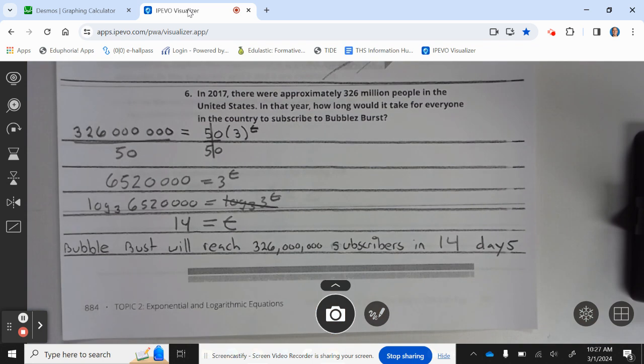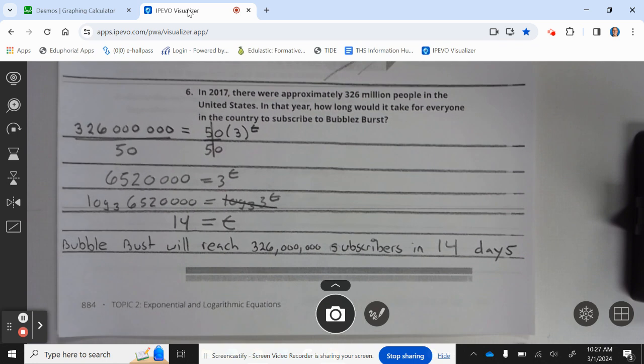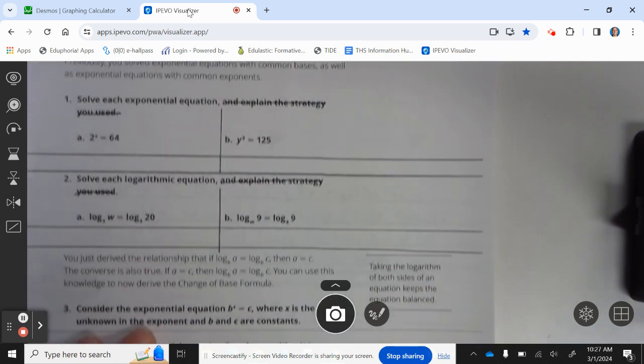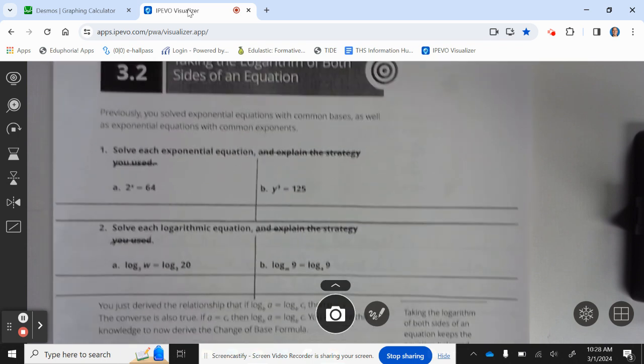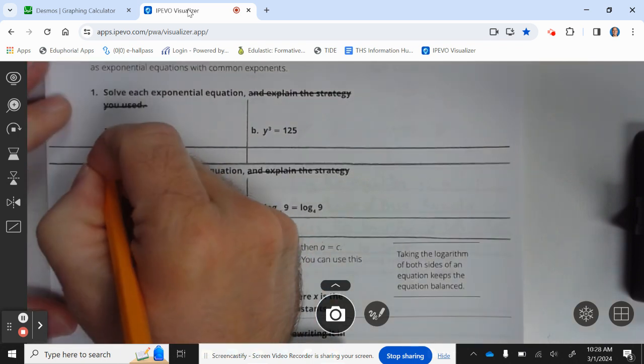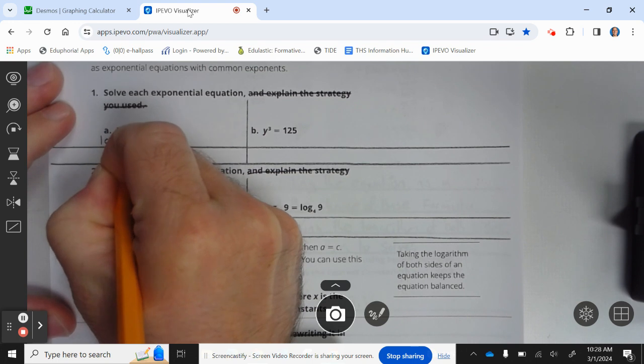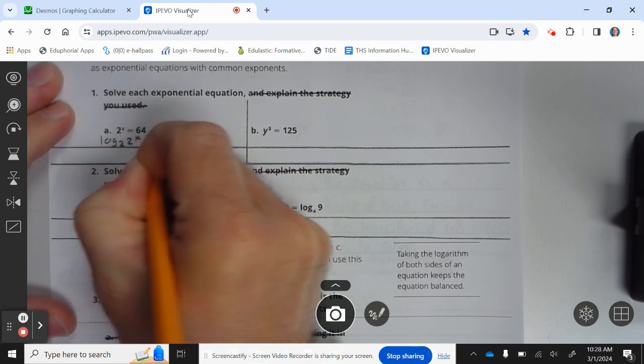All right, let's take a look at the next page. Activity 3.2. Taking the logarithm of both sides of an equation. Previously, you solved exponential equations with common bases as well as exponential equations with common exponents. 1. Solve each exponential equation. Okay, so number 1, we're going to take log base 2 of both sides.